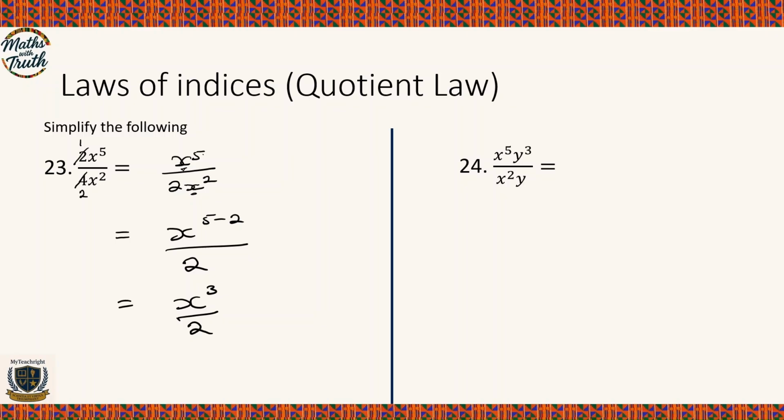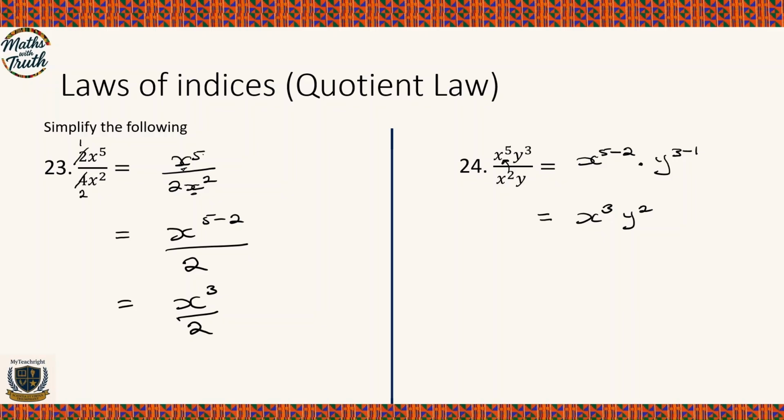Now let's do this. Again, here we just write x exponent 5. You can do it straight, minus 2 times y exponent 3 minus 1 is equal to x exponent 3 y exponent 2.